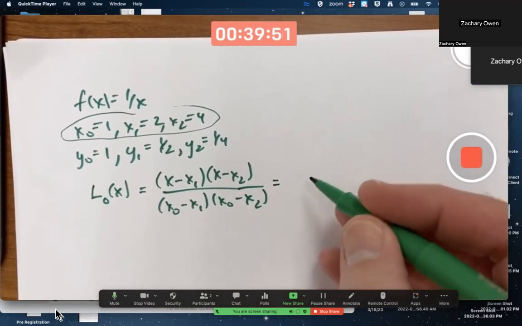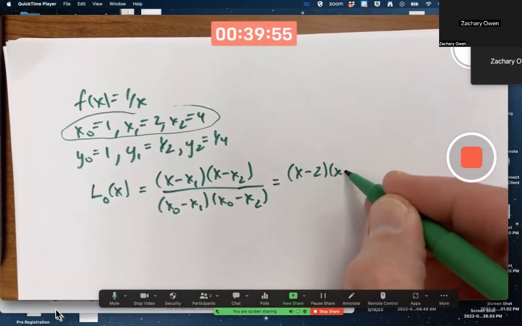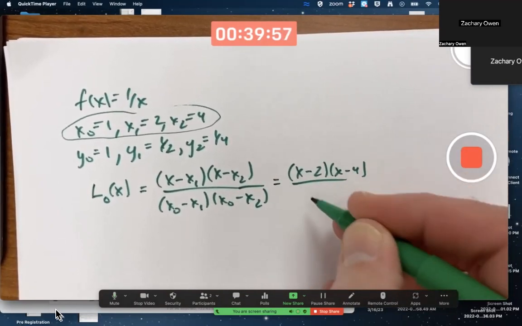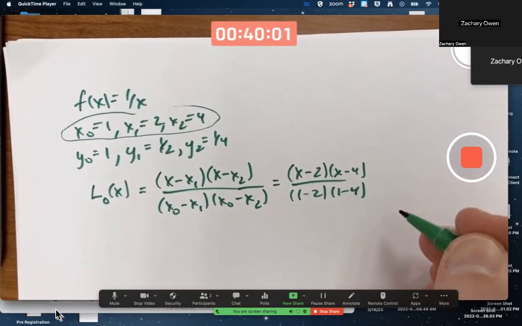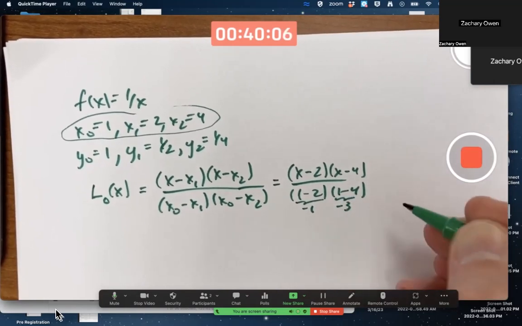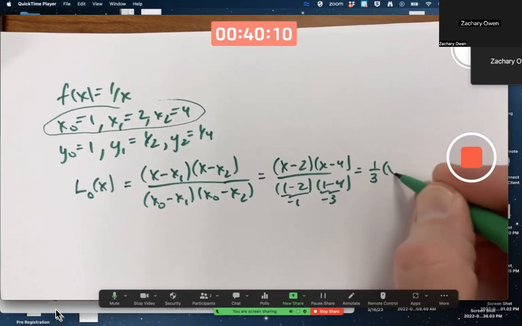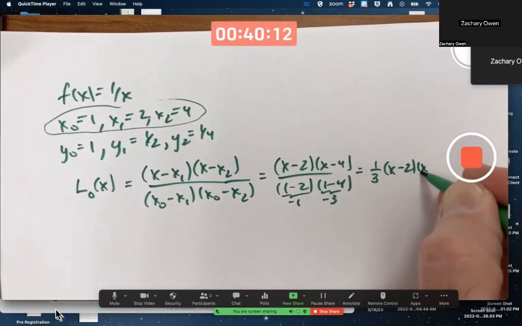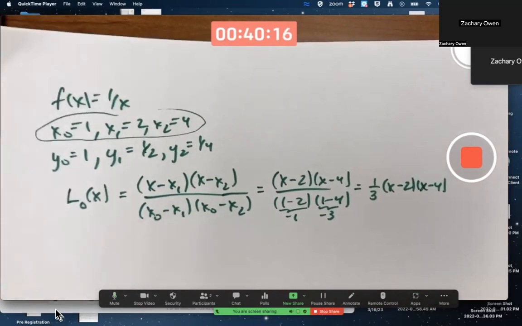So for this example, this becomes x minus 2 times x minus 4 divided by 1 minus 2 times 1 minus 4. First, 1 minus 2 is negative 1. 1 minus 4 is negative 3. So this simplifies to positive 1/3 times x minus 2 times x minus 4. Do we want to expand this?